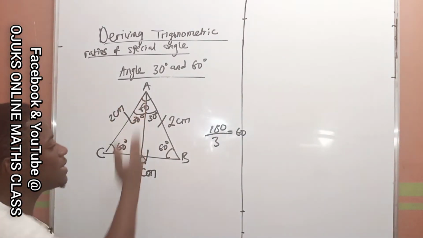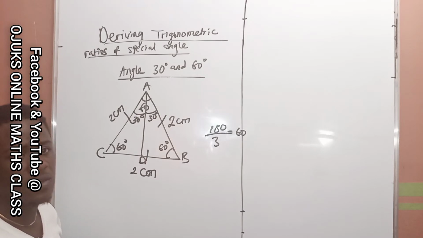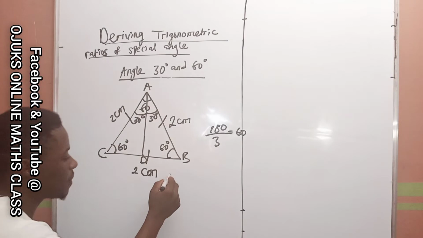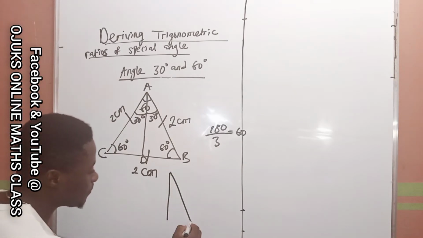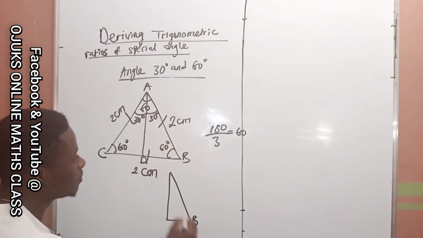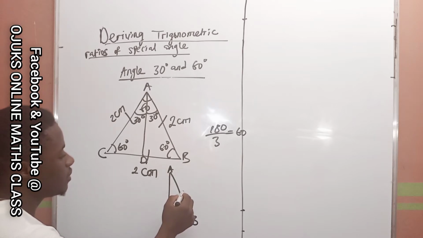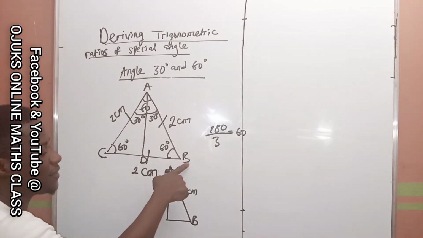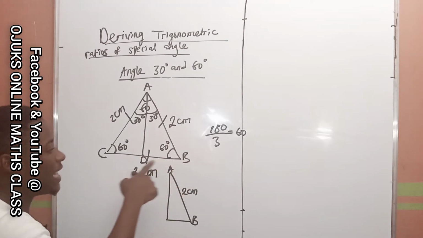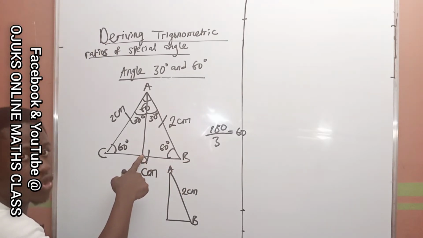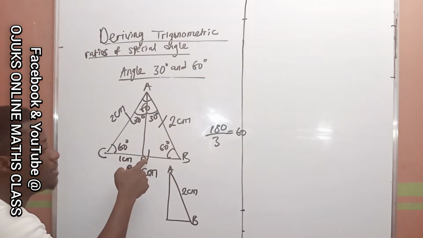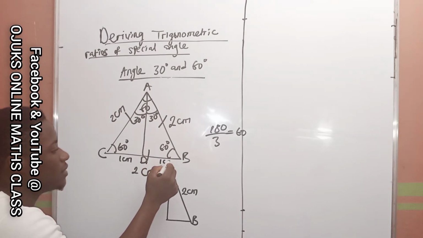Now, if I detach one of these right-angled triangles from the whole triangle, I have something of this nature. This is B. This is A. This is 2 cm. Since from here to here is 2 cm, and I have bisected this line into two equal parts, it shows that CD is 1 cm, and DB is also 1 cm.